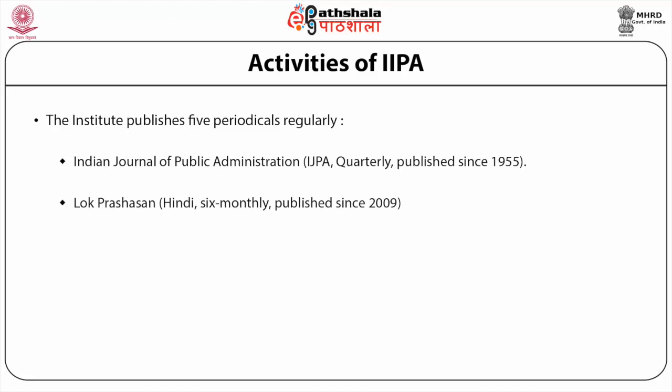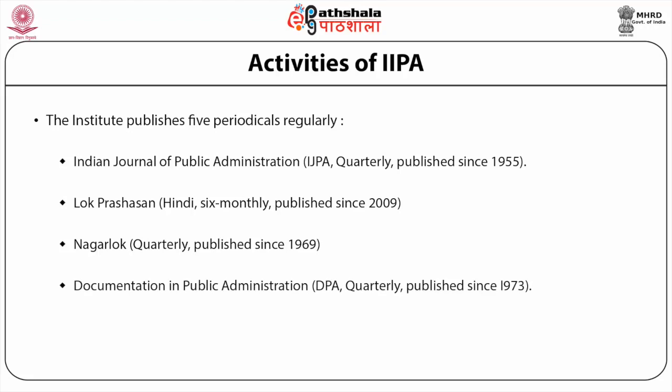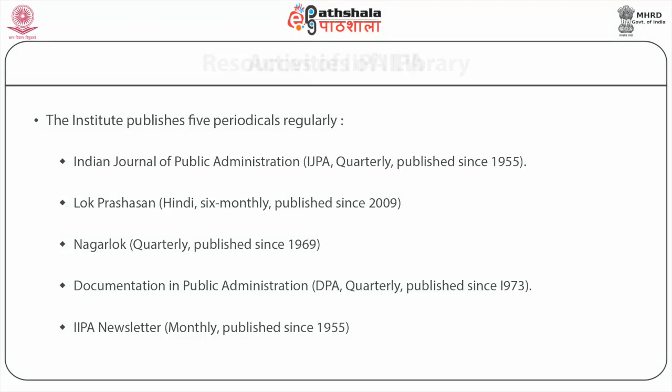Then Lok Prakashan, Hindi, 6 monthly, published since 2009. Then Nagar Lok, quarterly, published since 1969. Documentation in Public Administration, DPA, quarterly, published since 1973. Then IIPA newsletter, monthly, published since 1955.